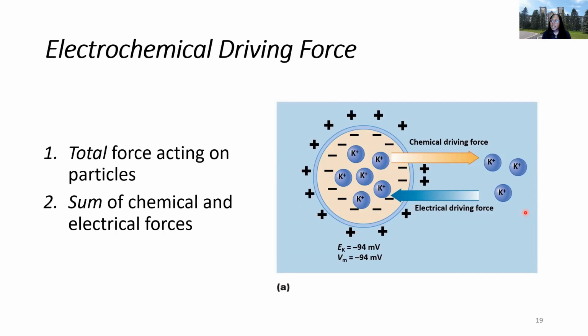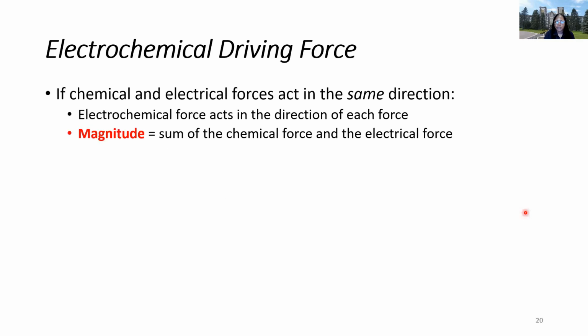In other words, if both of these forces exist, in what direction will potassium actually move? Okay, and that's what we're going to go on to describe. How do we determine the direction of the electrochemical driving force, even when the forces are acting in opposite directions?